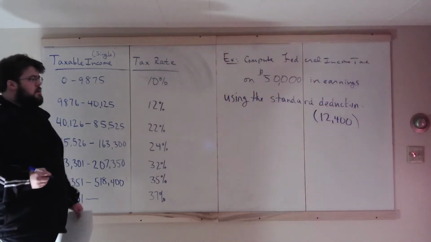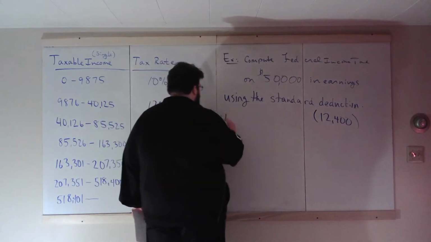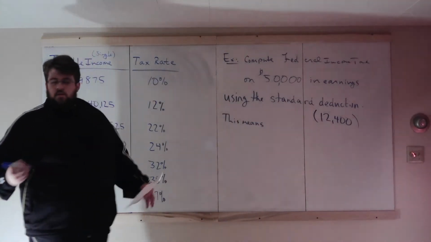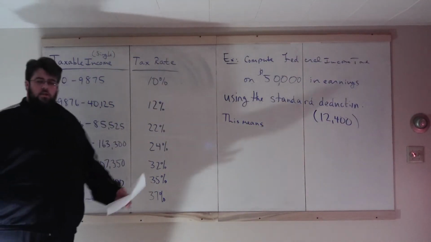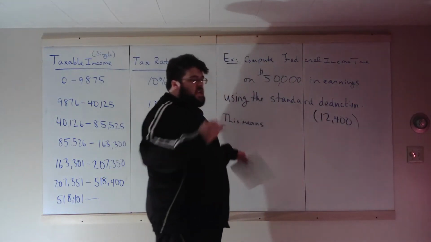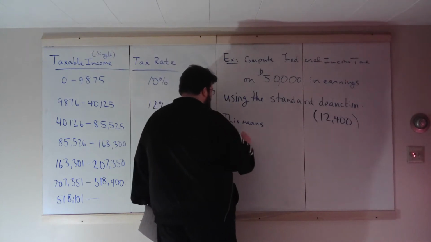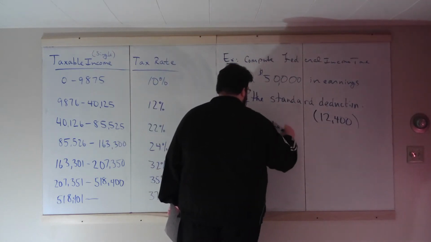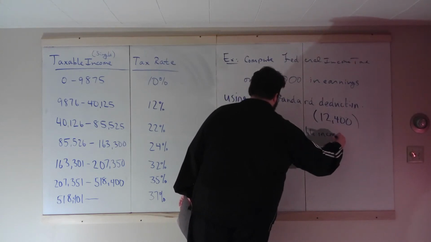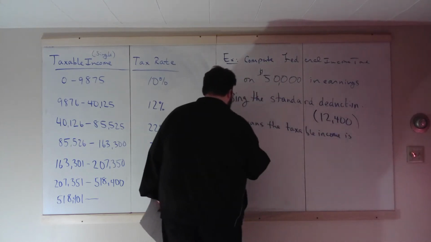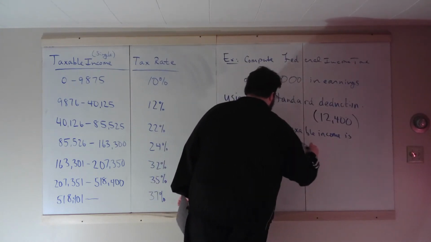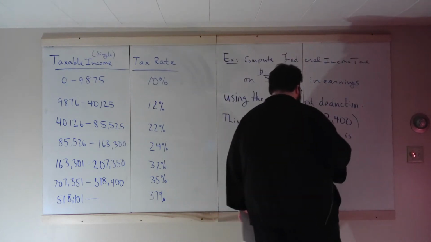Now, what does that mean? Well, the standard deduction, so I'll just say this means that our $50,000 in income is no longer all taxable. $12,400 of that is non-taxable. So this means the taxable income is $50,000 minus the $12,400 standard deduction in 2020.